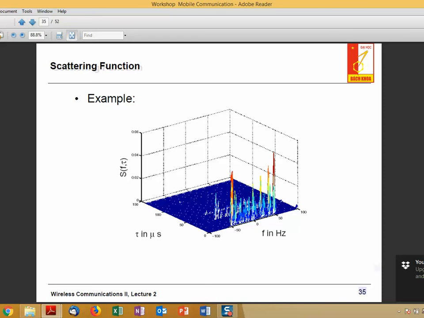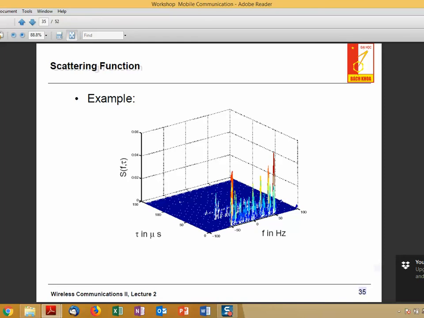So the scattering function concept is easy, which has been only a sinusoid. But you observe in the domain the Doppler spectrum, and here is a time delay.